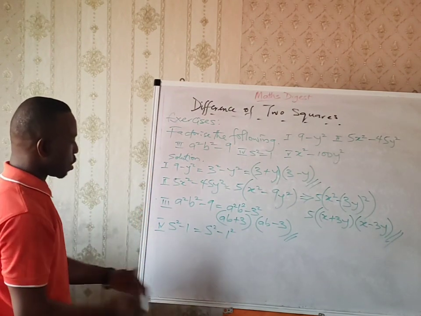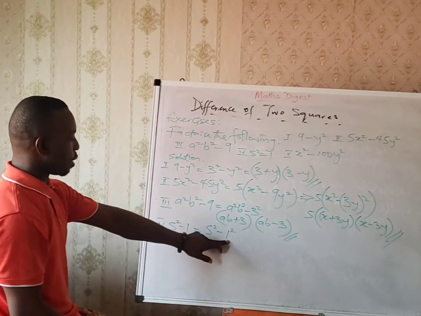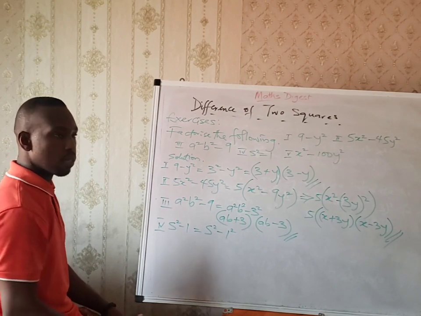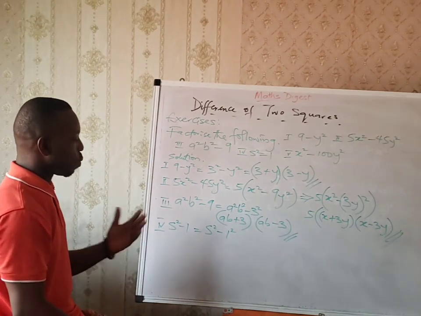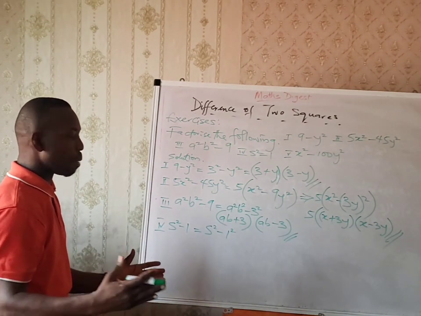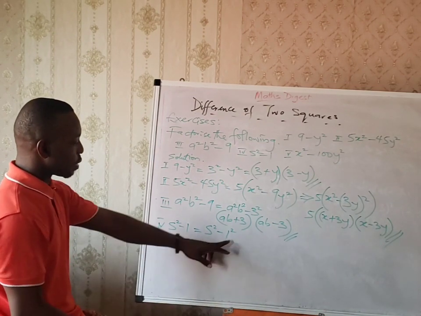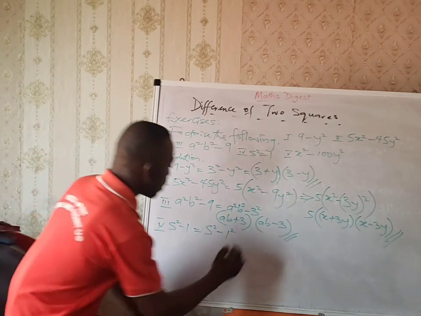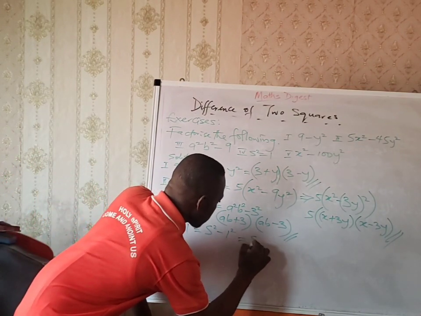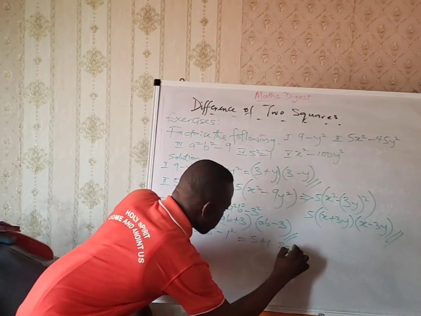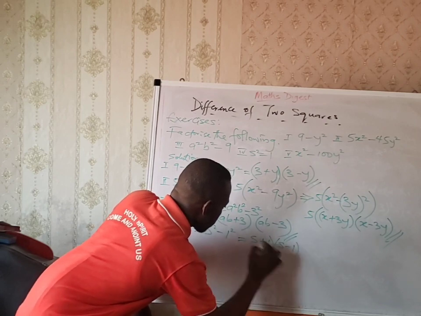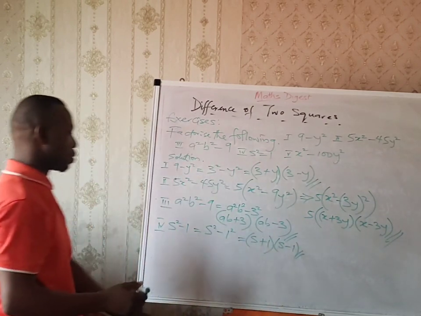This is because even if you raise 1 to the power of 1000, it will still remain 1, because 1 multiplied by itself at any level will still give you 1. So we say this is equal to x plus 1, x minus 1. So this is the desired solution.